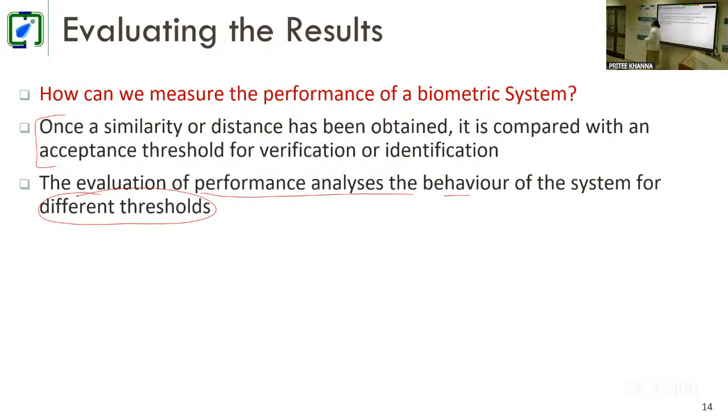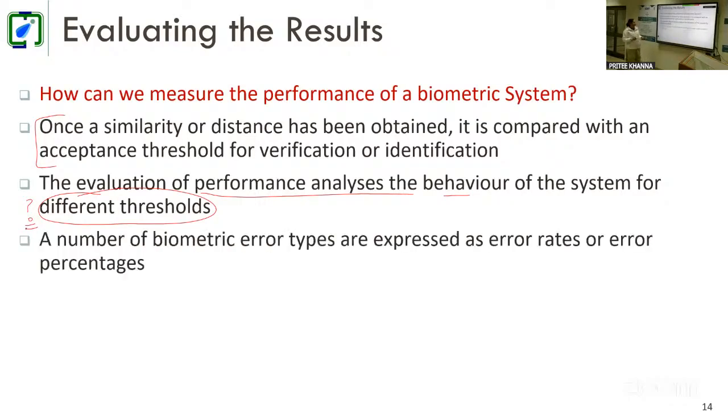So how do we fix a threshold? Based on the threshold only we determine similarity or non-similarity. For that, we need to look at the performance of the system at different thresholds and decide which threshold is best for my application, giving the best results.